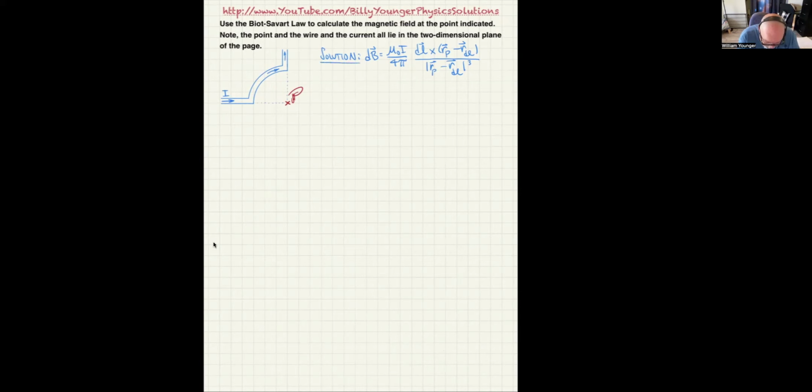One thing we did discover earlier is that a whole circle gave us basically B magnitude equal to mu 0 I over 4 pi R, and I'm going to write it in a somewhat weird way, times 2 pi.